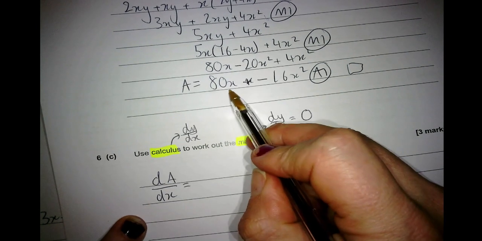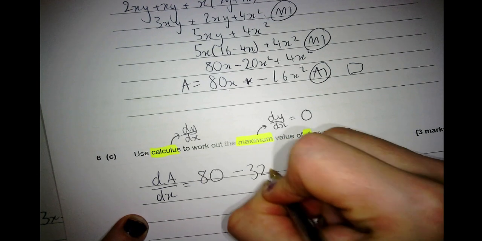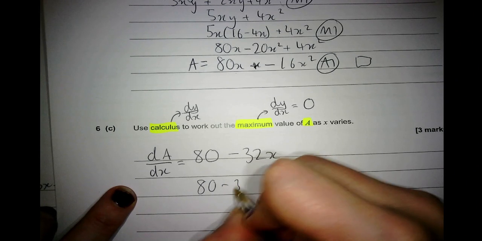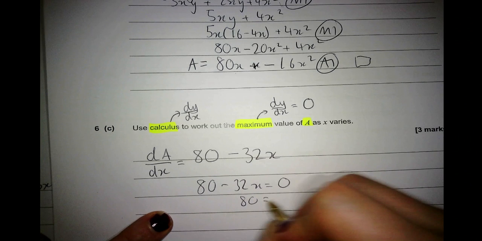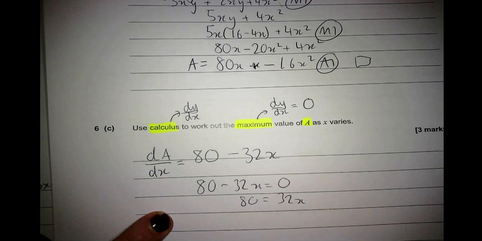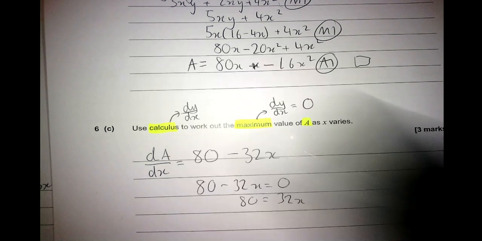So I've got this 80x minus 16x squared. If I differentiate, that's going to become 80 minus 32x. I'm going to set that equal to 0 and solve for x. So 80 divided by 32 gives me 2.5.